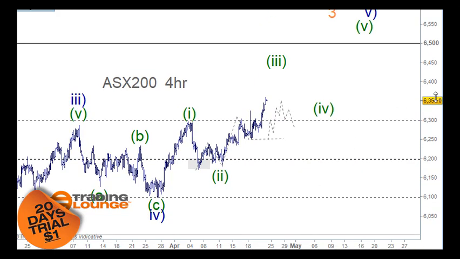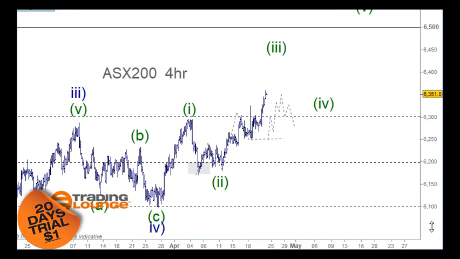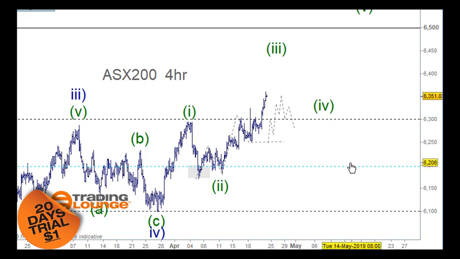One thing I'm not quite sure about is that because this move down looks impulsive, like 5 waves, we'd need to look at this as an A wave, a B wave, or an A and a B and a C here for B wave and down for C. So wave 2 being here.